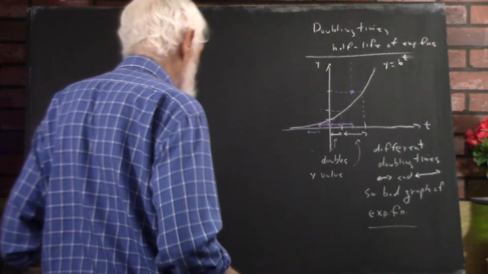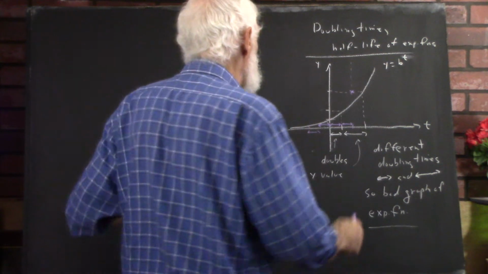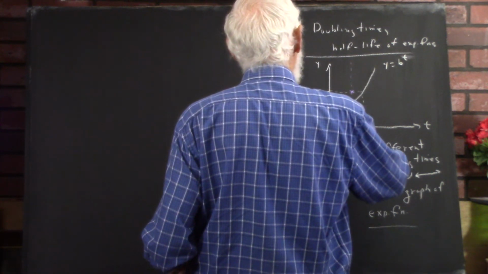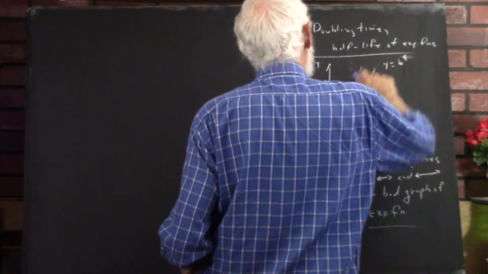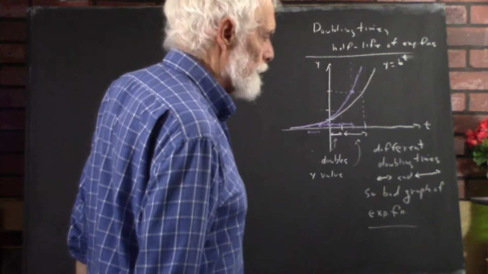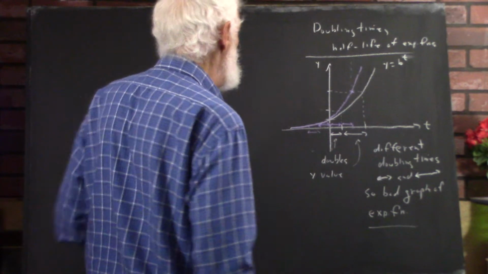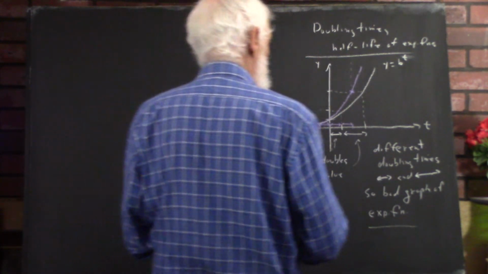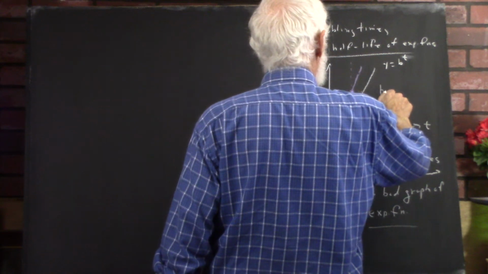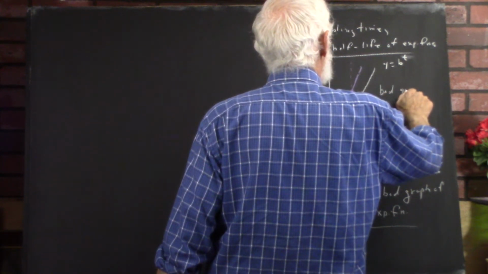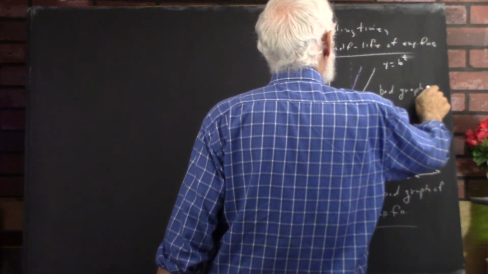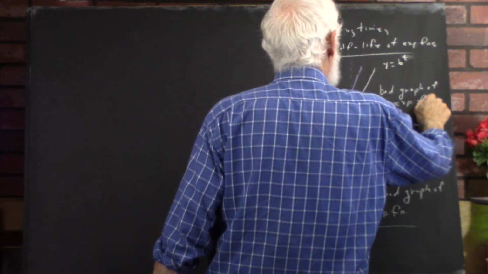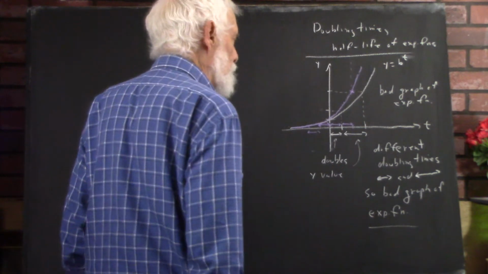Okay, that's all there is to it. So my graph would probably stay along here. But it would have to go back up a lot faster. So that's a bad graph of an exponential function.